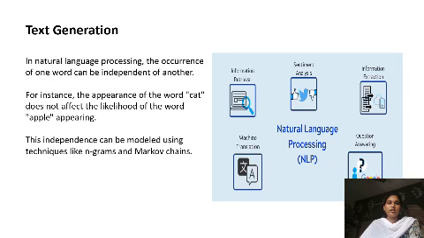Text generation. In natural language processing, the occurrence of one word can be independent of another. For instance, the appearance of the word cat does not affect the likelihood of the word apple appearing.